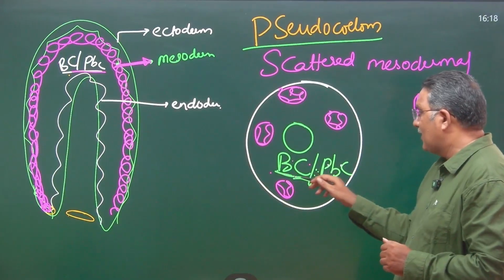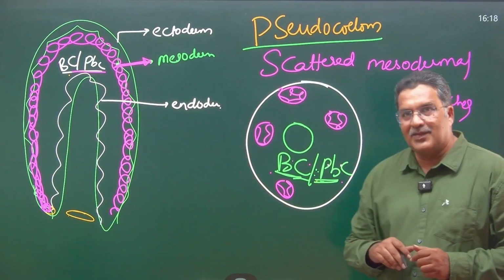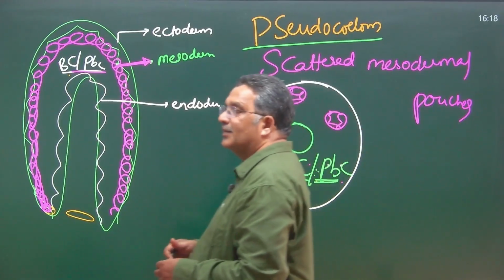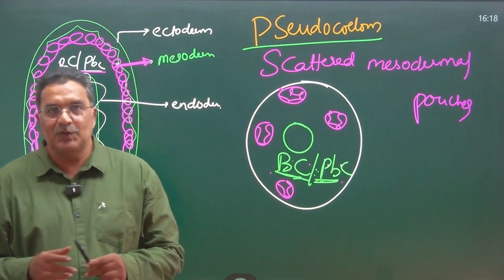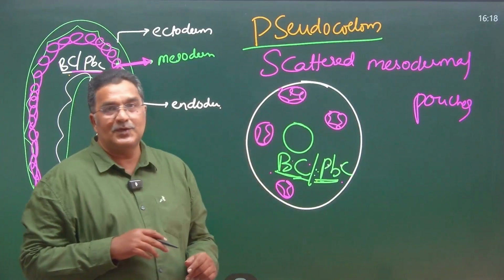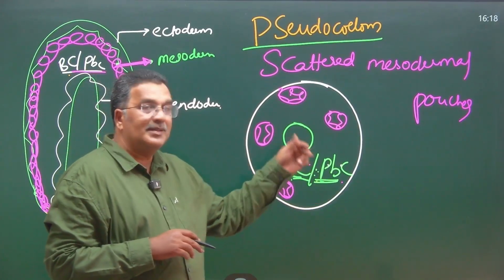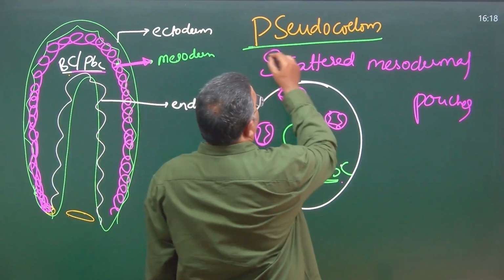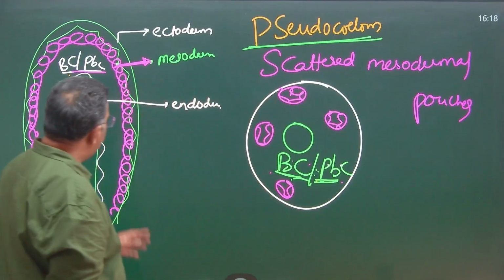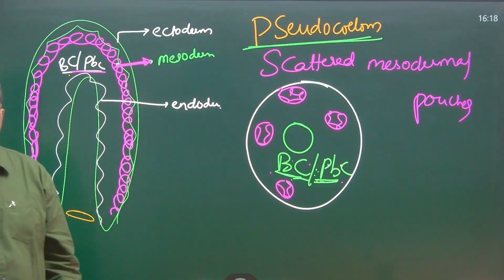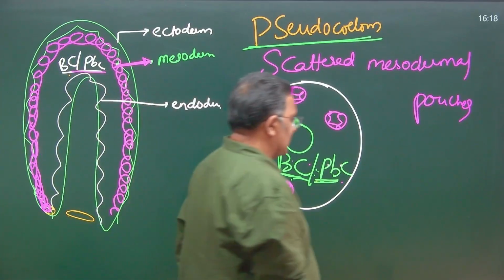The embryonic cavity, which we call blastocoel or primary body cavity, if it is there in the adult also, we can say that is pseudocoelom. Sir, there is a cavity, but the cavity is not lined by mesoderm, and the embryonic cavity is there in the adult also. So that's why we say it is pseudocoelom. This is because mesoderm itself went only one side, developed as scattered mesodermal pouches.